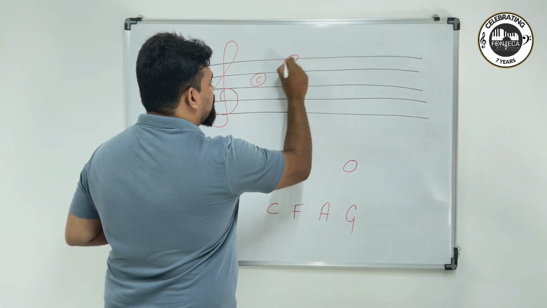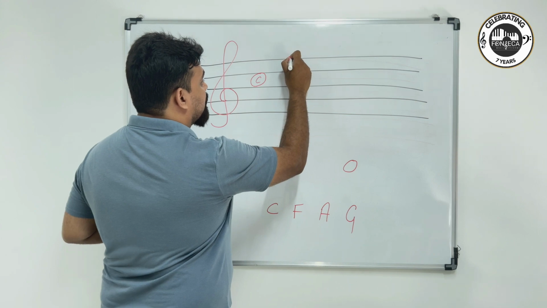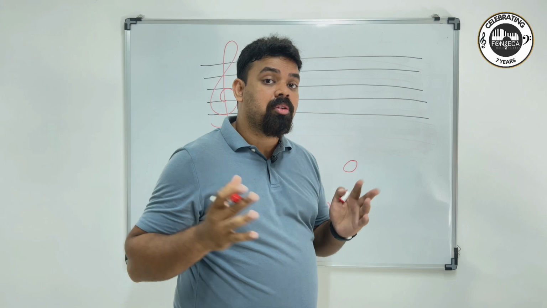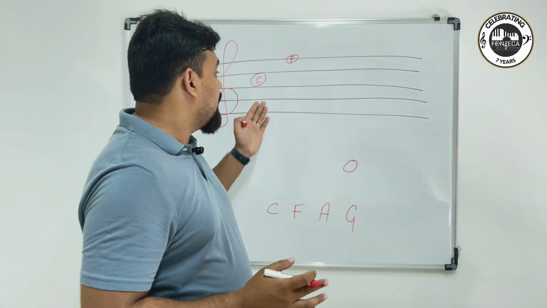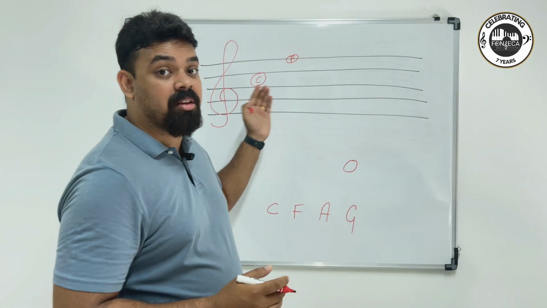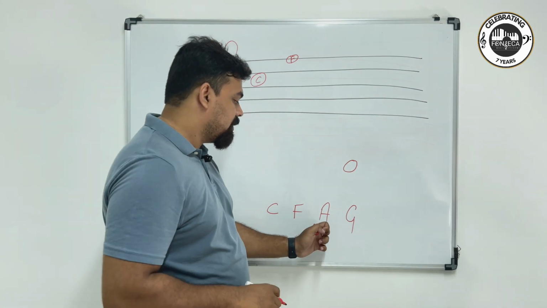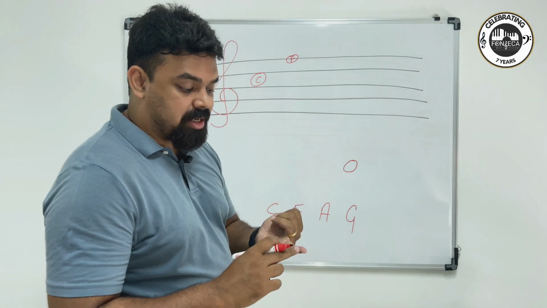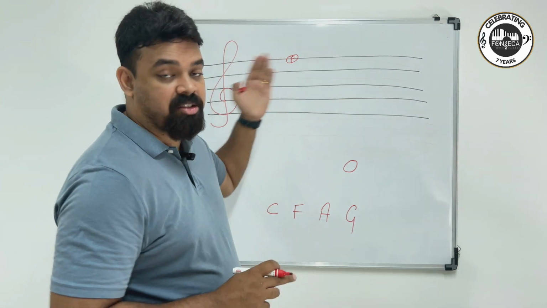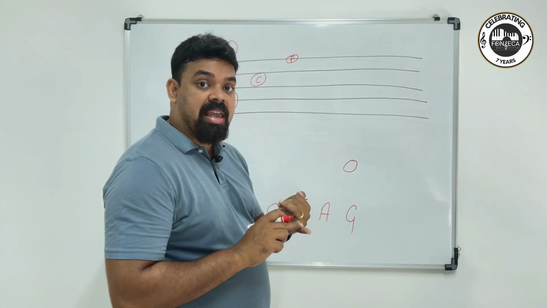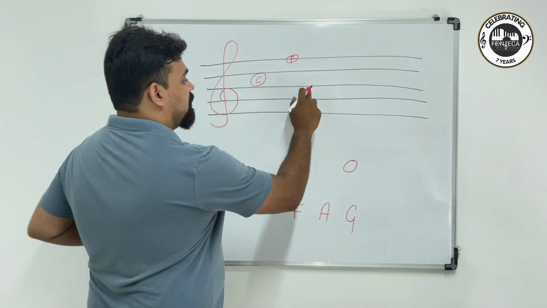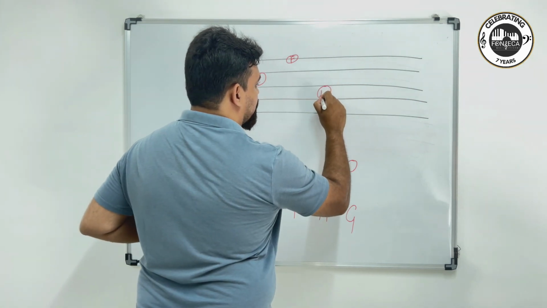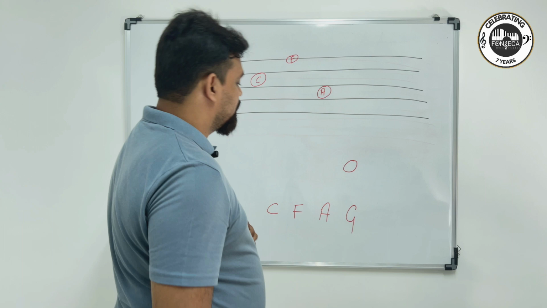So this would come this way and we'll name it as F. When we actually write or draw our notes, we won't be putting the alphabets inside, but right now, just for reference, I'm naming the notes so you know which note is where. The next note, A. Again we use the sentence, every good bird does fly. A does not come on a line, but F-A, face, A comes on the 2nd space. So we draw it here.